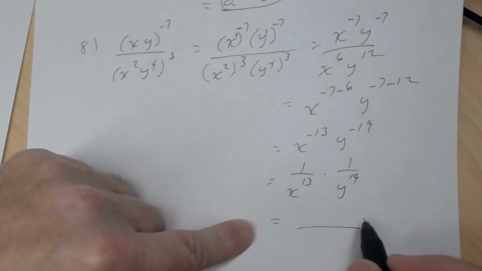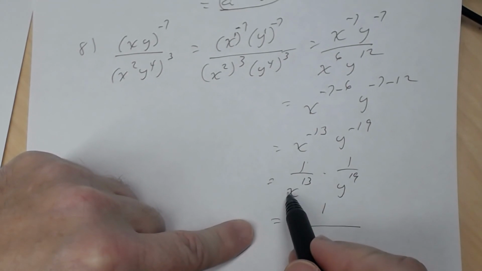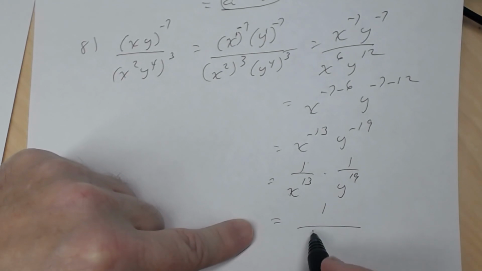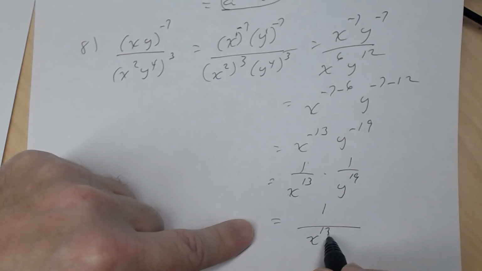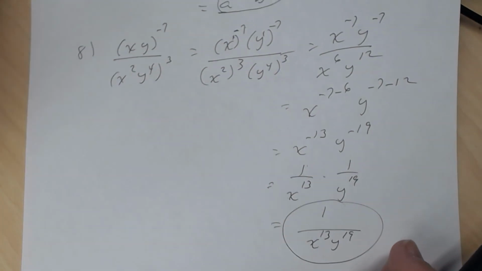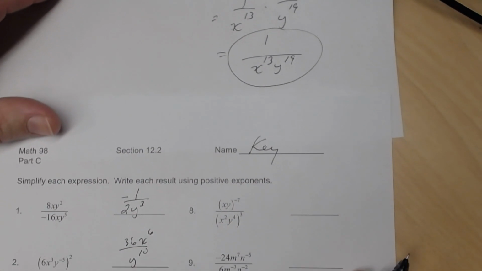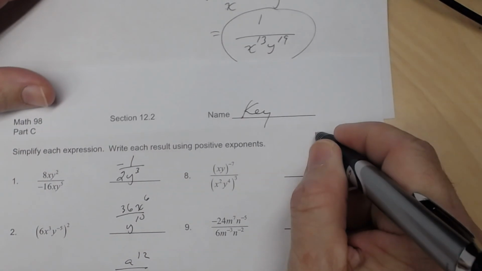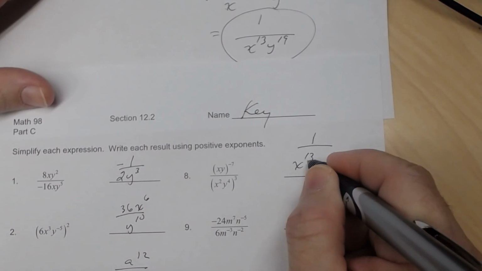You've got to write it as one fraction. 1 times 1 is 1, and then x to the 13th times y to the 19th is x to the 13th, y to the 19th. So that's answer number 8: 1 divided by x to the 13th, y to the 19th.